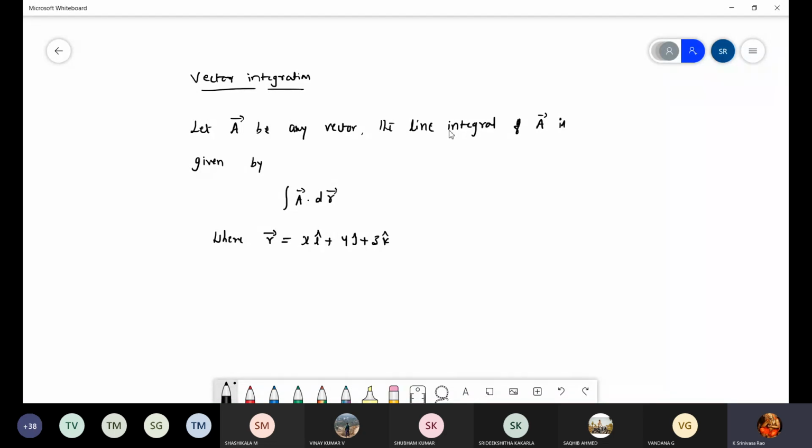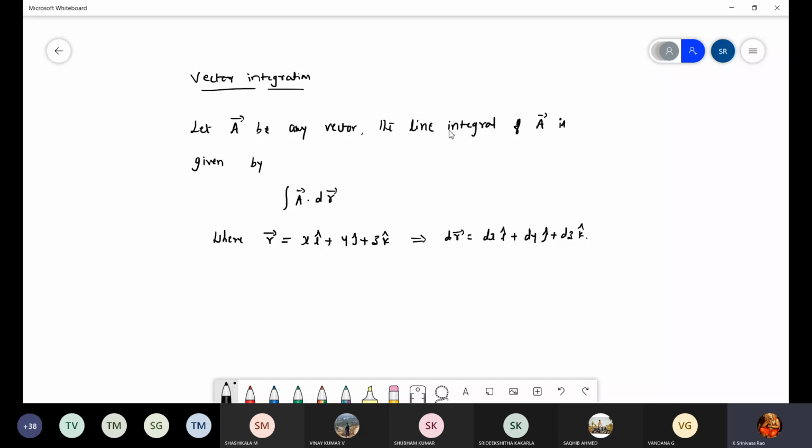This is standard wherever we are using r in this module, as we discussed in the beginning. So small r is equal to xi plus yj plus zk, that implies dr is equal to dx i cap plus dy j cap plus dz k cap. So this is dr.